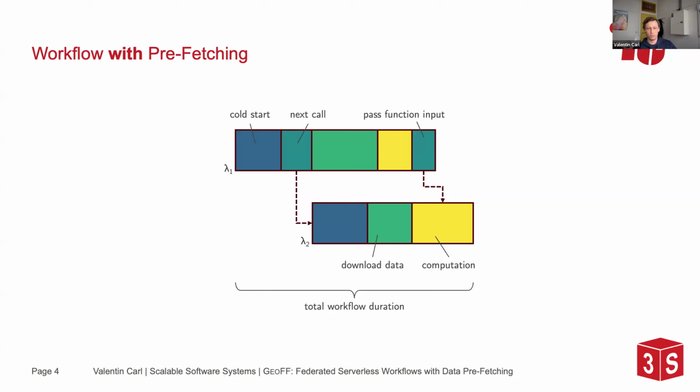So we can start a second function earlier and just move it ahead as far as possible, so only the computation parts need to follow each other. So this way we can basically subtract all of that overhead from the total workflow duration without making the individual functions faster. And the more steps we have in that workflow, the faster we can make it.